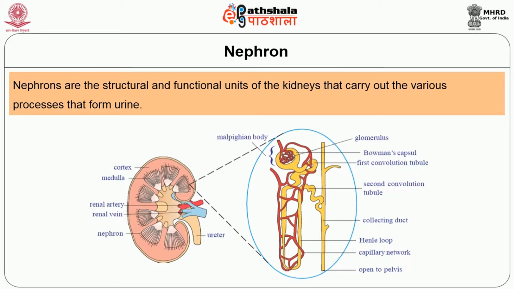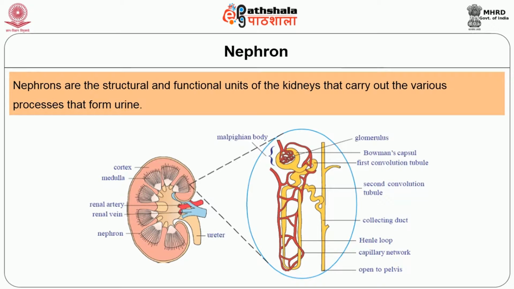In the process, macronutrients, electrolytes, and the required amount of water are retained, while waste substances, excess electrolytes, micronutrients, and toxins are expelled. As I have already mentioned, each kidney has 1 to 1.3 million nephrons.